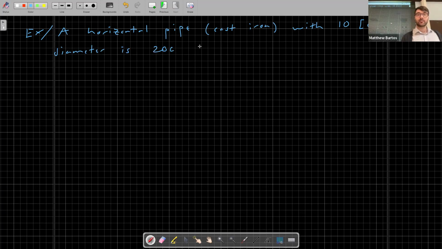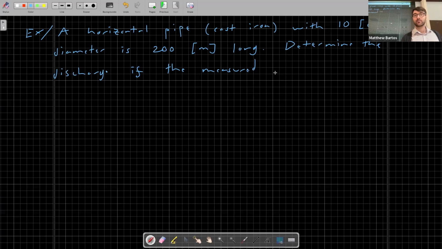It is 200 meters long. We want to determine the discharge if the measured head loss along that 200-meter section is 24.6 meters.